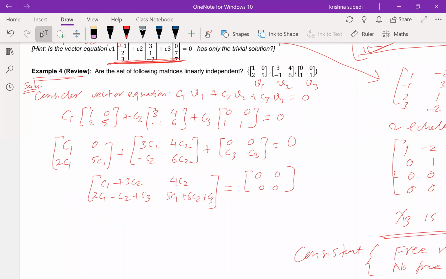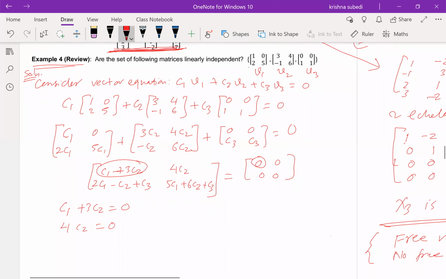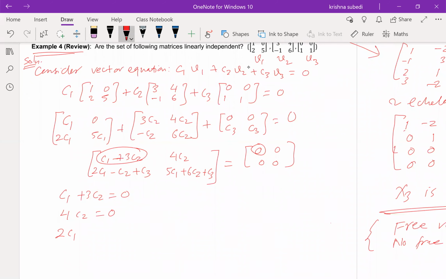Now what does that mean? We can write this as C1 plus 3C2 equal to 0, because each component must be 0. Another is 4C2 equal to 0. Another is 2C1 minus C2 plus C3 equal to 0.